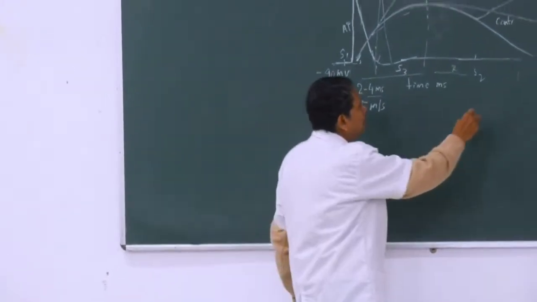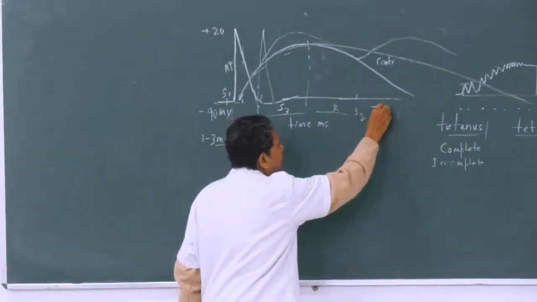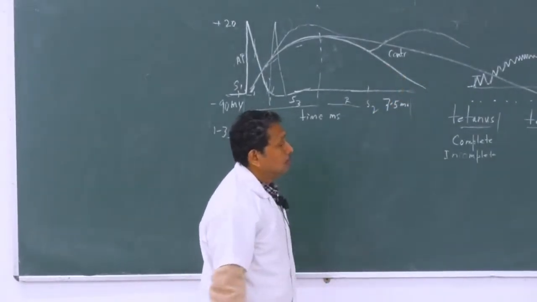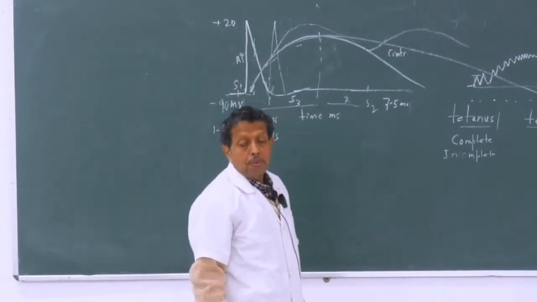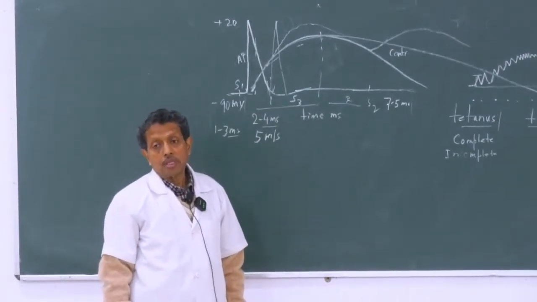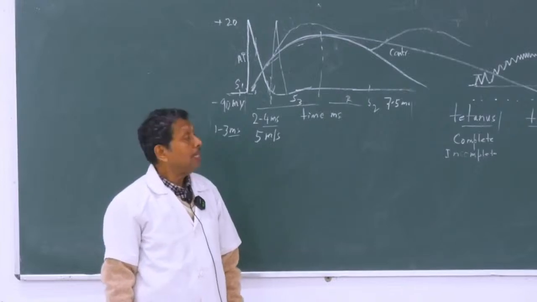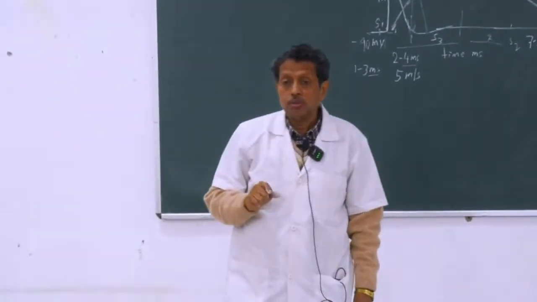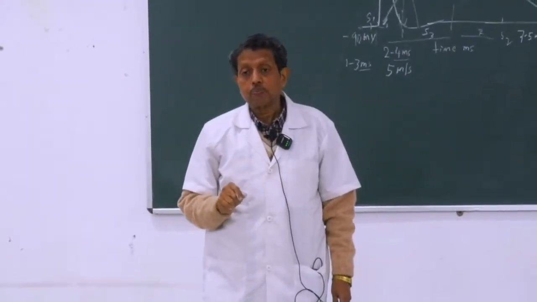In fast muscle it may be 7.5 milliseconds or so, and in slow muscles it may be much more than that, 100 milliseconds or more. So it will depend upon the twitch duration.